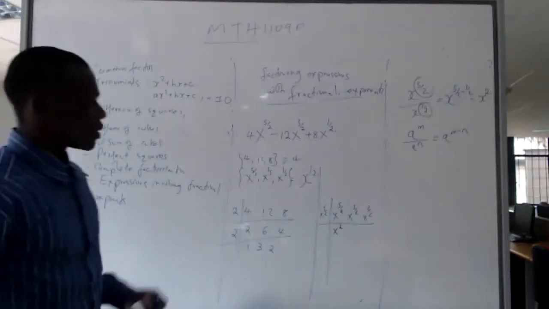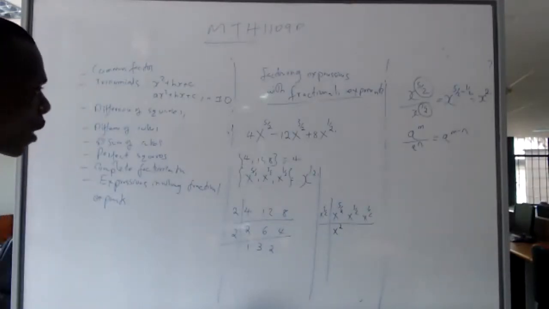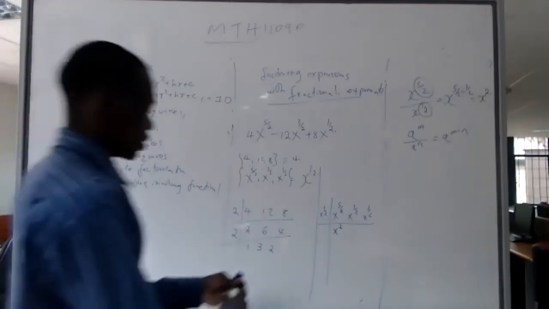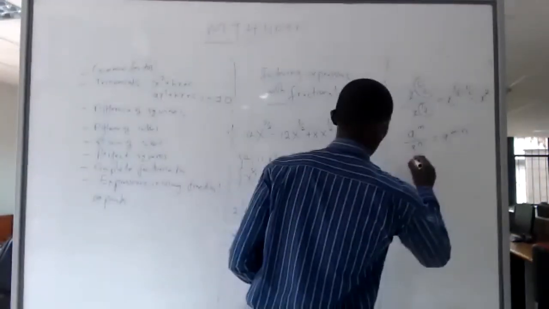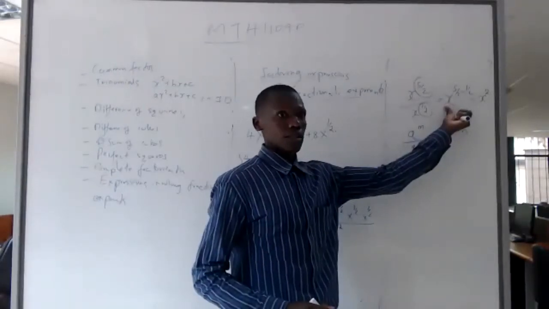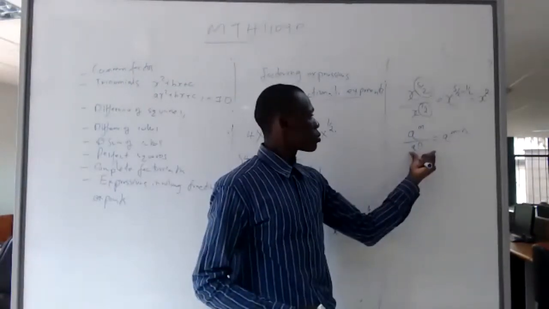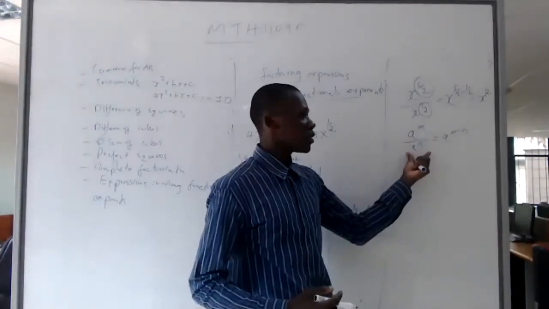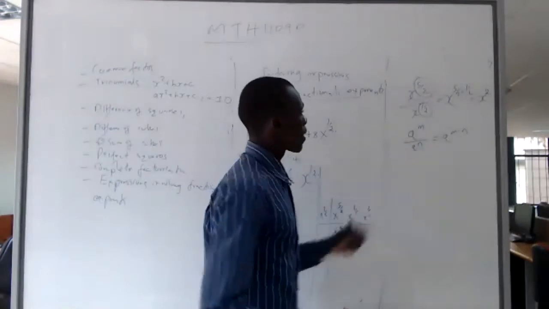Excuse me, sir. How do you get 2? First of all, are you okay with this subtraction of indices? I know I've not proven this, but trust me, we'll prove it later in the course, but for now, just trust me that it is true.